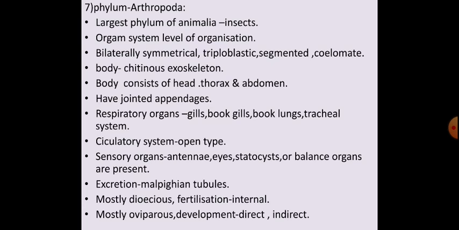Sensory organs like antenna sense. You have seen a cockroach, which has two long mustache-like structures called antenna. Eyes are present, and statocysts, the balance organs, help to balance the body.